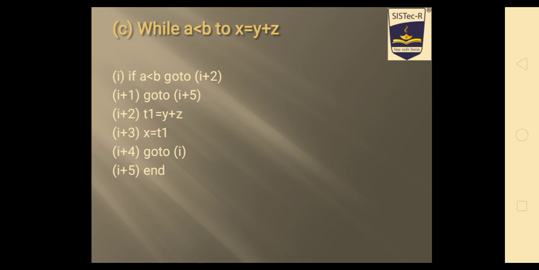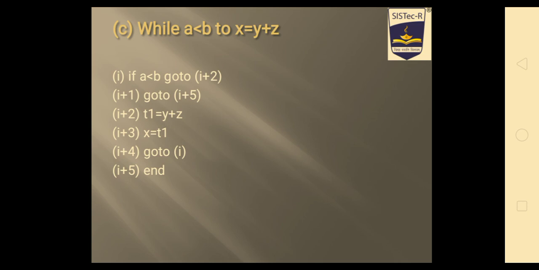Third condition is while a less than b do x equals y plus z. It means while a less than b, you have to perform x equals y plus z. So start with I. A condition check: if a less than b, then go to I plus 2.